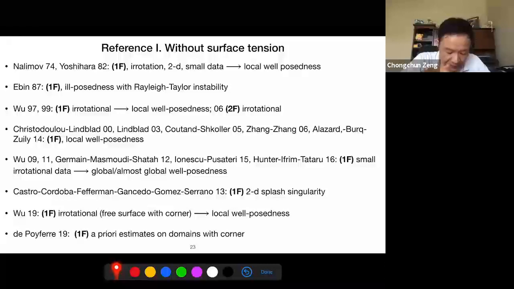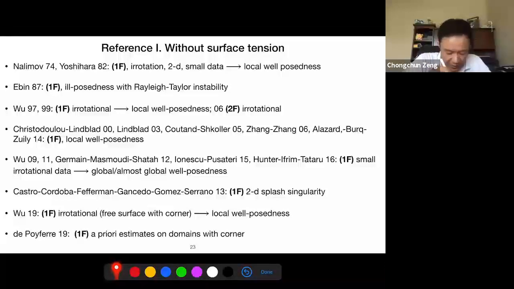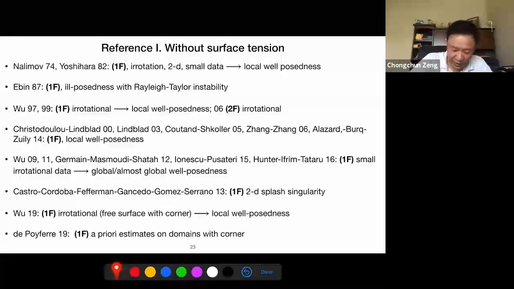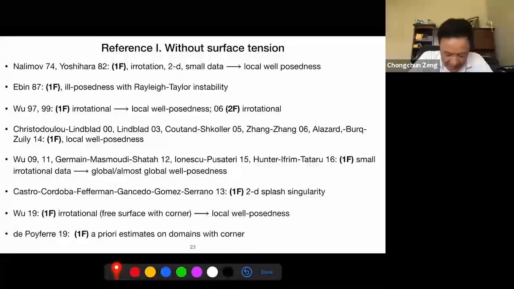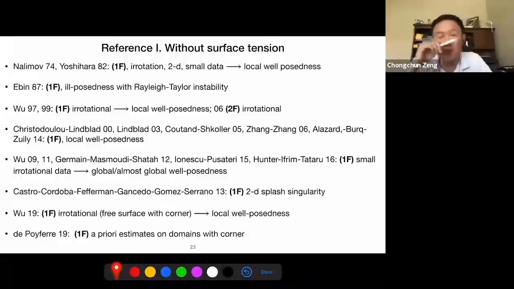And later on, about 10 years ago, there had been results on the global well-posedness or almost global well-posedness for irrotational small data. These problems are solved mainly by dispersive techniques. And then also there is the splash singularity obtained by the group of Castro, Cordoba, Fefferman, Gancedo, Gomez-Serrano, and so on. And Sijie also had a result when the surface might involve corners.